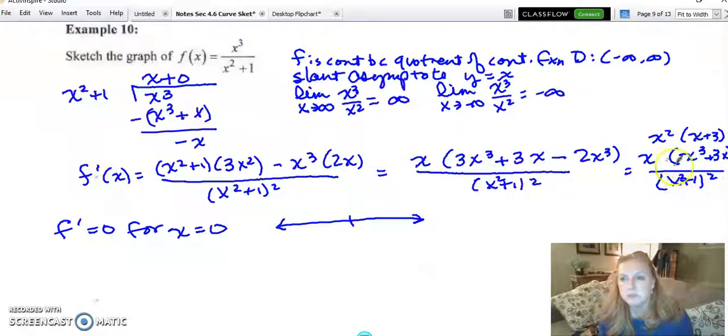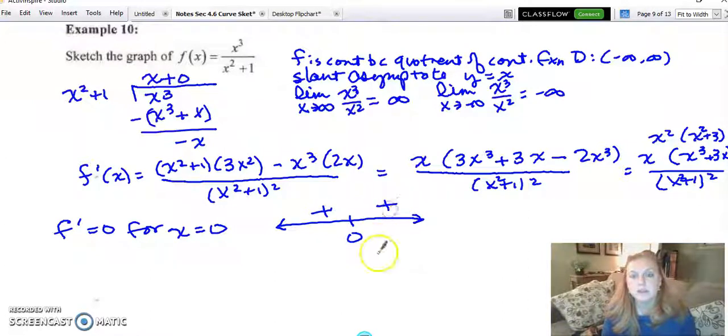you can see that the bottom is always positive, x squared is always positive, so the only place where it's going to change, that should be x squared plus 3, and that's always positive, so it never changes sign, so it's plus and plus. And so what we see is that we have increasing and then we have increasing.